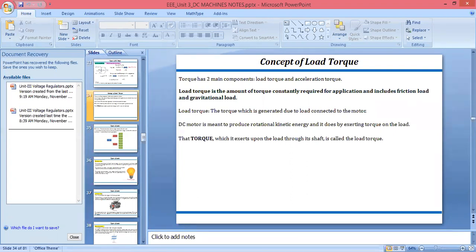When your armature rotates, you are supposed to calculate the distance from the center point, and the force in the linear direction. So the equation for torque is F into R into sine theta, where theta is the angle between the force and the radius. Radius is the perpendicular distance. That will be the value for the torque.